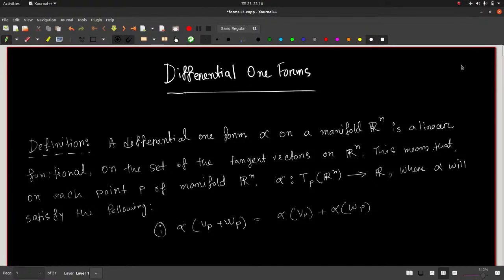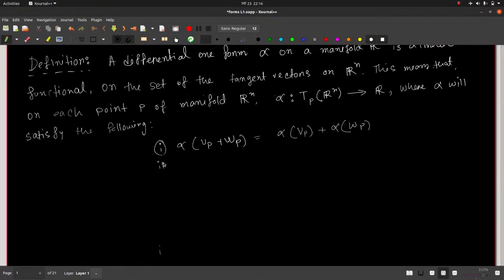And then the second property will be the following, property number 2. This property number 2 is similar to a scalar multiplication, that is alpha acting on A times the vector VP, where A belongs to the real numbers, will be just pulling out the A. That means this will be equal to pulling the A outside and multiplying it by the result coming from alpha acting over VP.